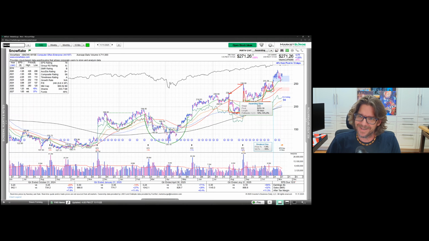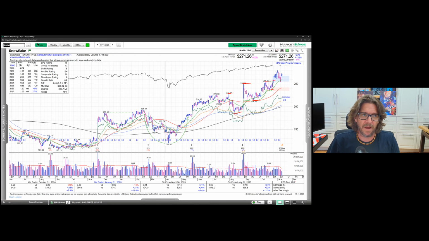But this low here is holding above this low, and this low is holding above this low. So it's a potential ascending base. This high is higher than this high, and this high is higher than this high. So you see it's stair stepping.